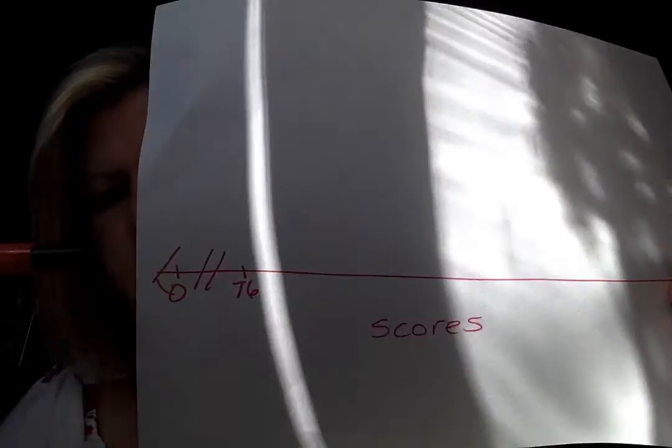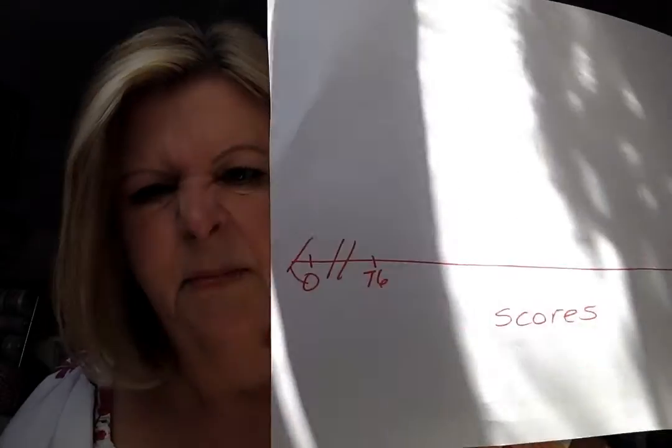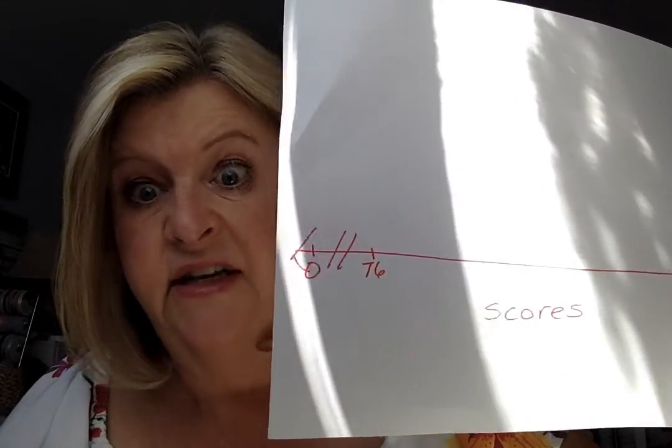So I'm going to start at 0. And then I'm going to put these double lines, because that means I skipped a bunch of numbers. And I'm going to put 76. I'm going to count by ones because in a real class I might have a bunch of different scores like that. 80, 81, 82, 83, 84.